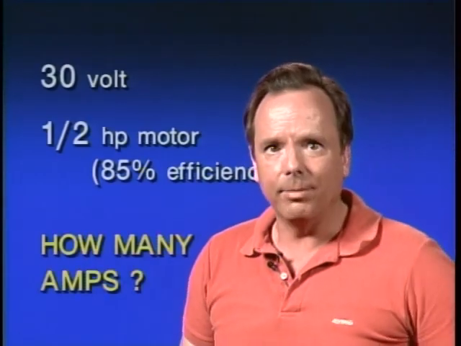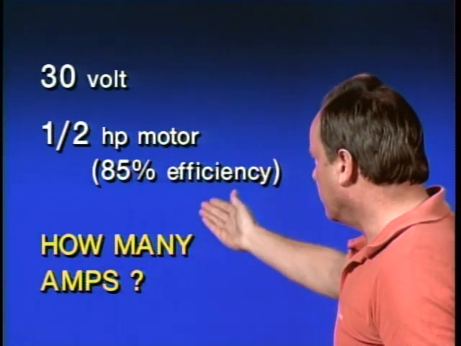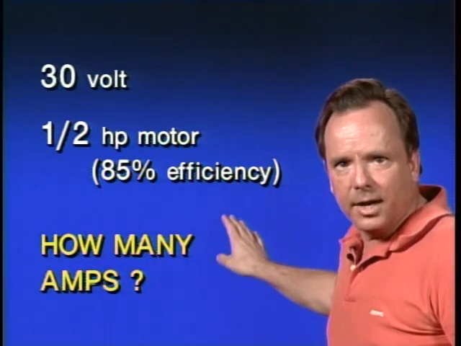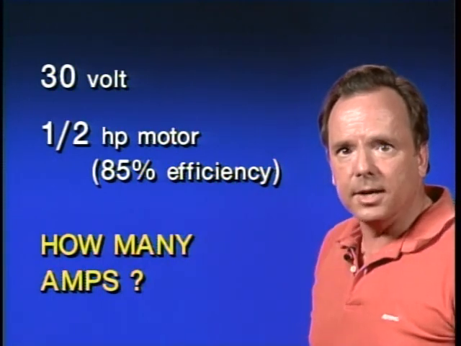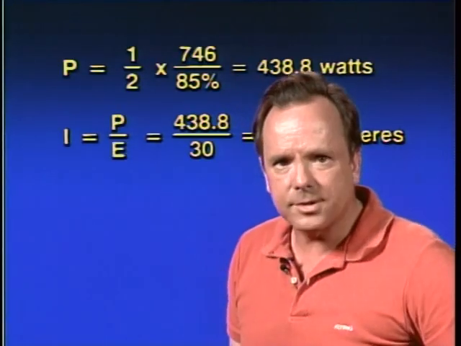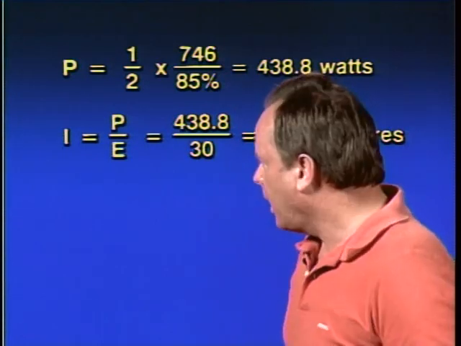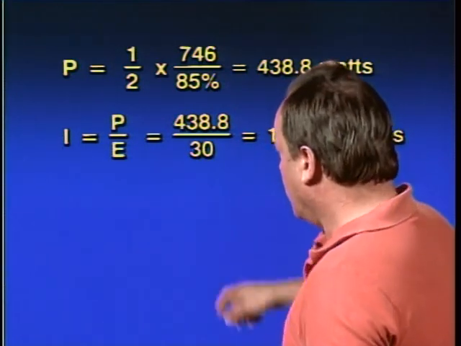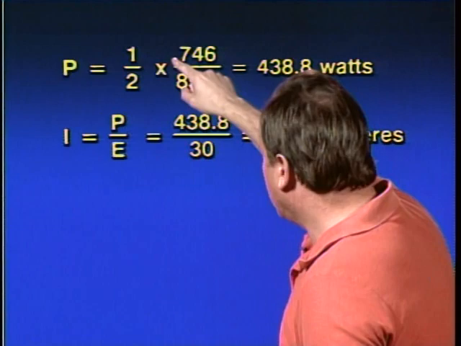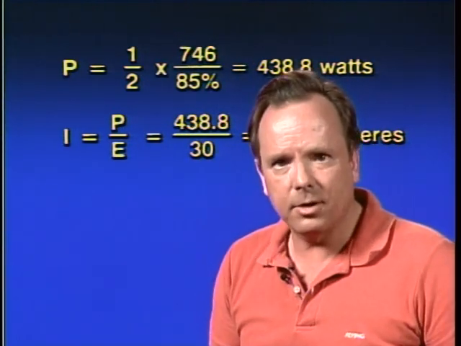Let's do another one. Let's assume that you have a 30-volt, 1/2 horsepower motor that is 85% efficiency. The question is, how many amps will it draw? Well, first of all, let's find out how many watts this motor is, and then we can figure out how many amps it is. All right, to find out how many watts, we have a 1/2 horsepower. They will tell you, once again, that 1 horsepower is 746 watts.